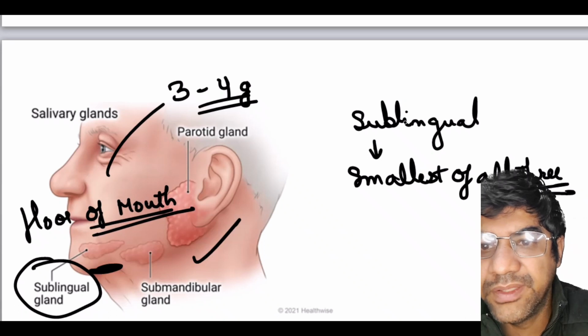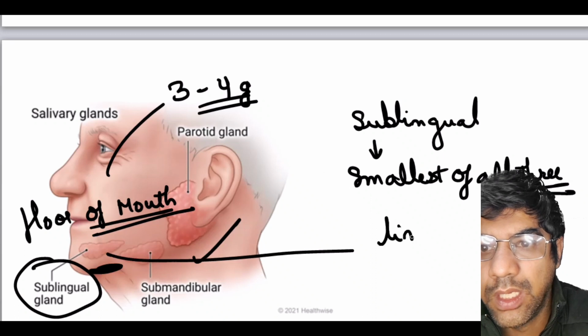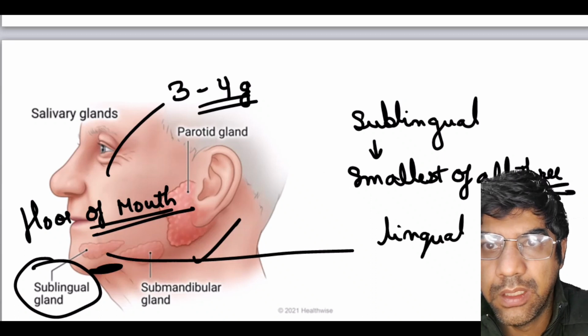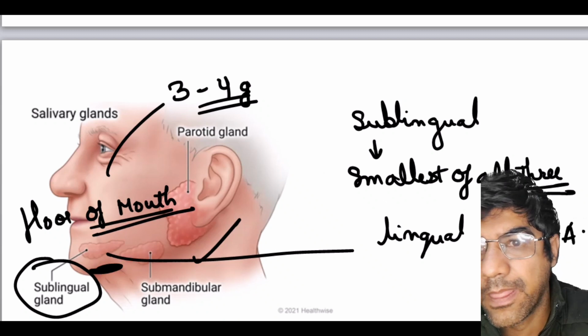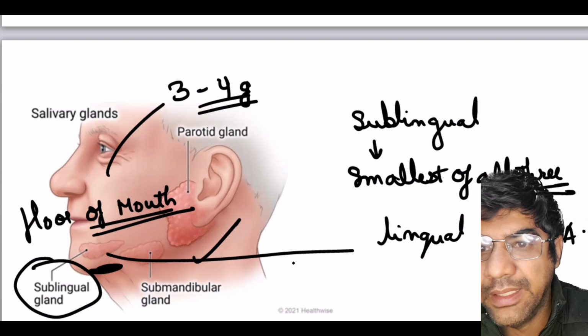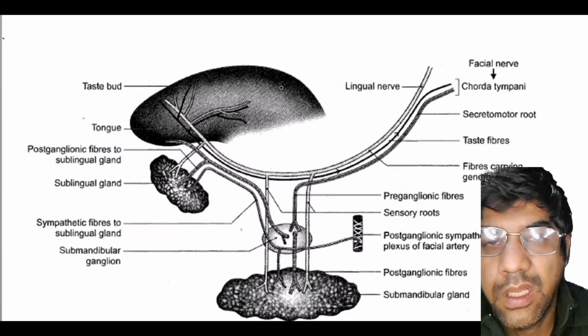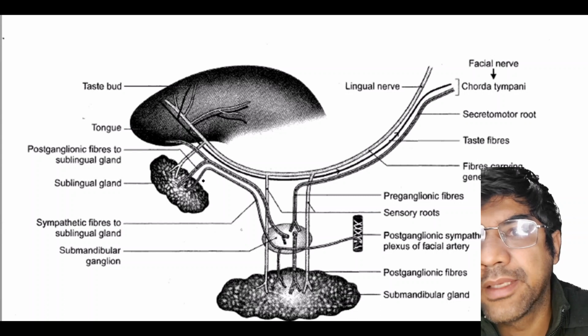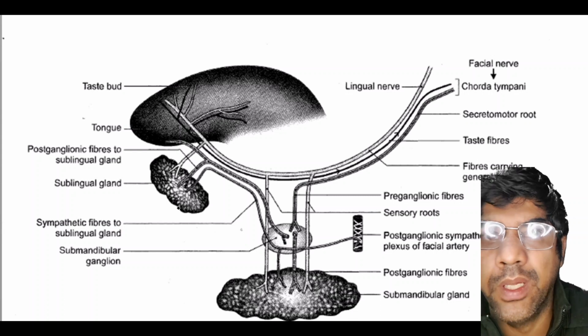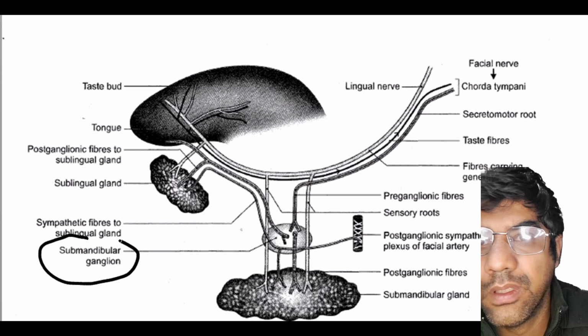Now the blood supply is from the lingual and sublingual arteries. The nerve supply is similar to the submandibular gland. Next is the submandibular ganglion.